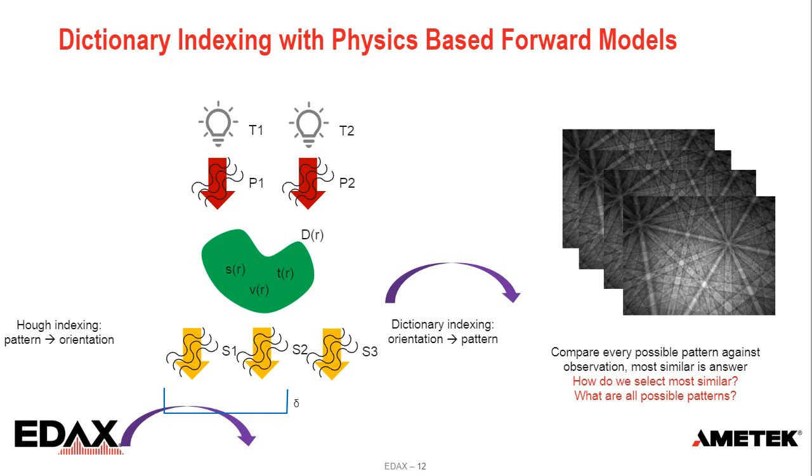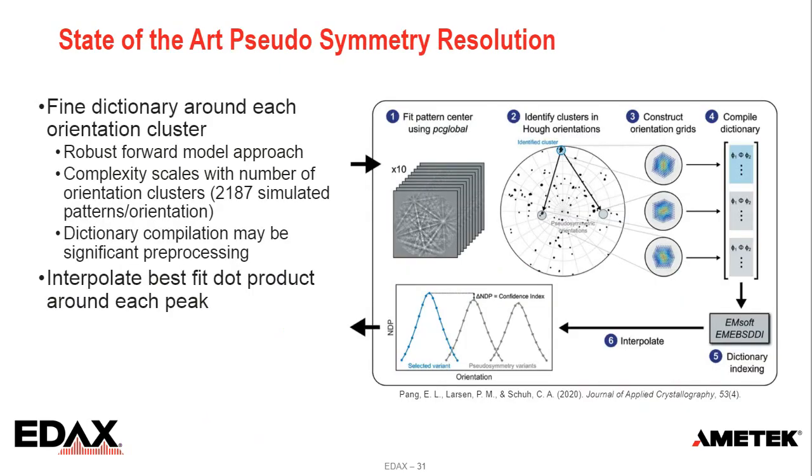The advantage of the particle swarm is that it is more efficient, basically. If you look at this slide, I think they do a 9 by 9 by 9 dictionary around each of the 3 variants, which gives you 2187 patterns for each orientation cluster that they have.